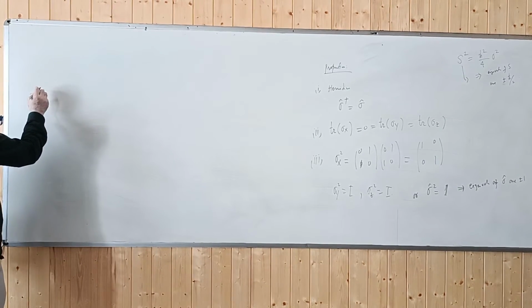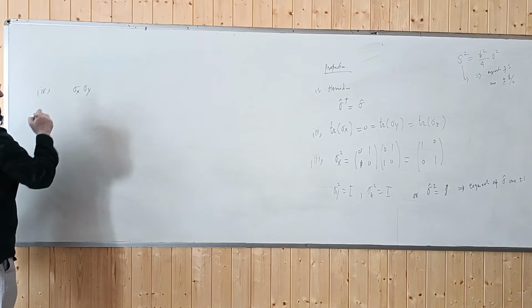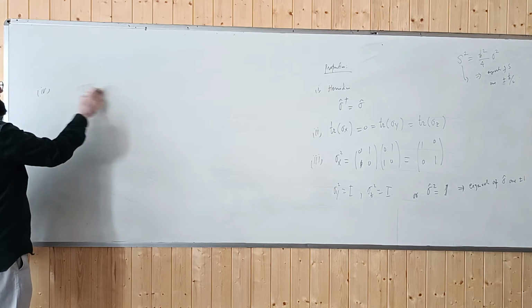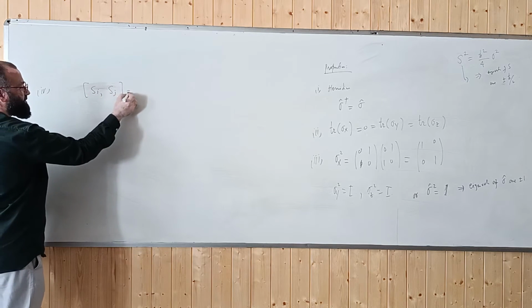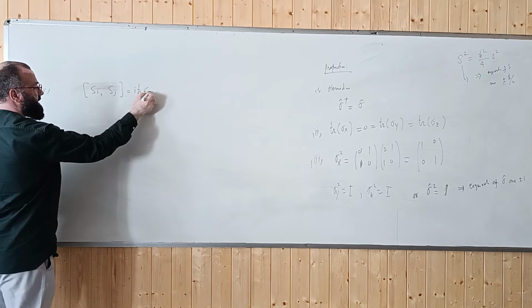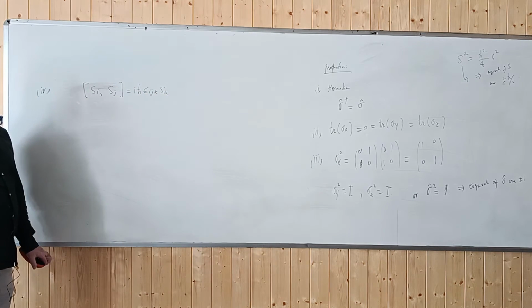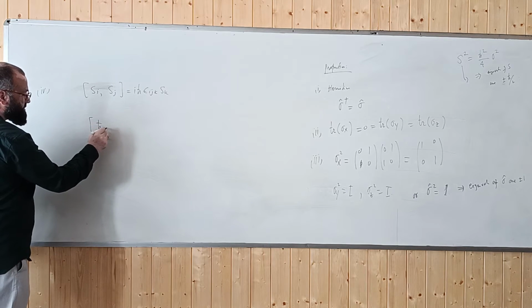Okay, so let's take the fourth one. So you are having Si, Sj, that's equal to what? I h cross epsilon ijk Sk. Clear? Okay, so what is our Si? It is h cross by 2 sigma i.